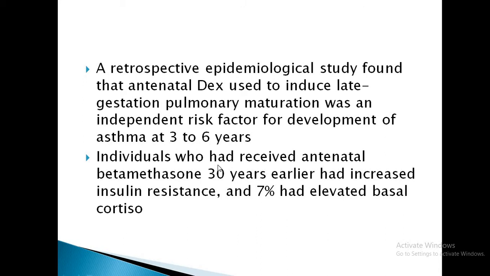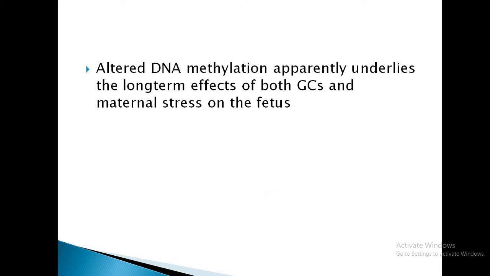Also, those who have received antenatal betamethasone, those children have displayed, after 30 years, insulin resistance, and 7% had elevated basal cortisol also. So those are the risks with the antenatal glucocorticoid treatments. So altered DNA methylation apparently underlies the long-term effects of both glucocorticoids and maternal stress on the fetus.